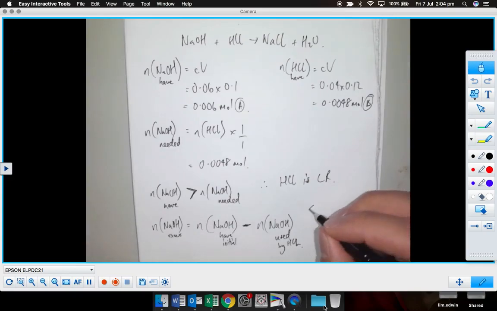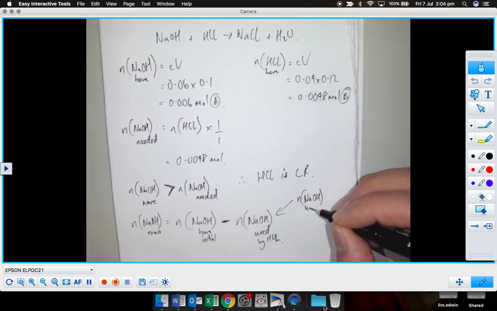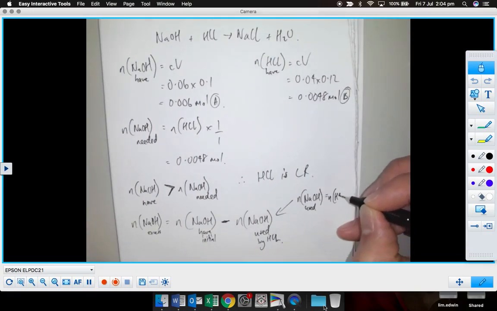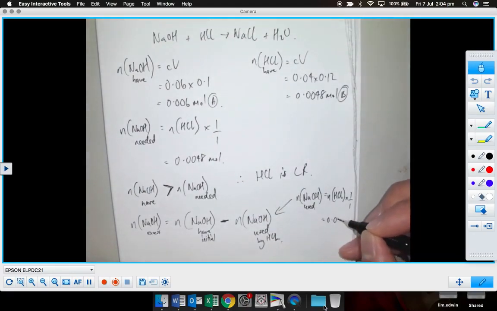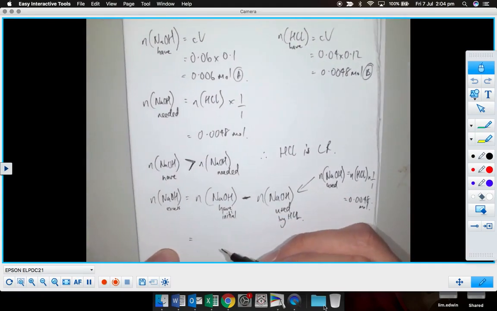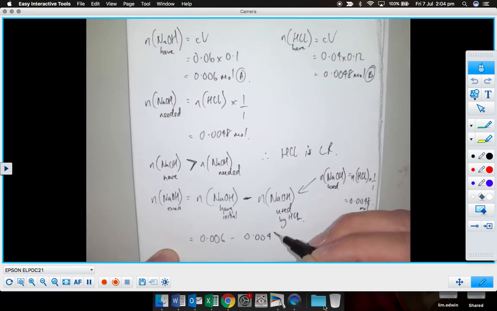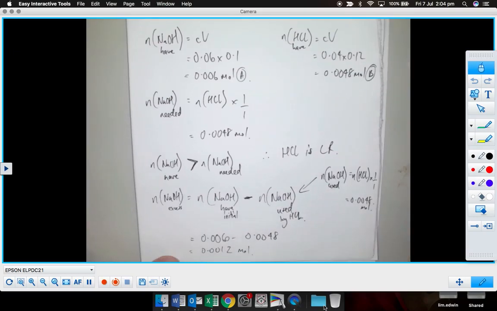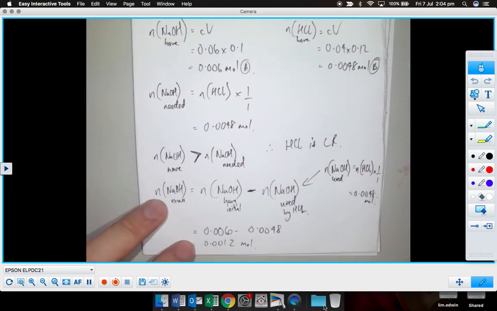This value here, the number of moles of NaOH used, will be equal to the number of moles of HCl times 1 on 1, which is what we've already solved over here, 0.0048 mole. So therefore this is 0.006 subtract 0.0048, which happens to be 0.0012 mole.